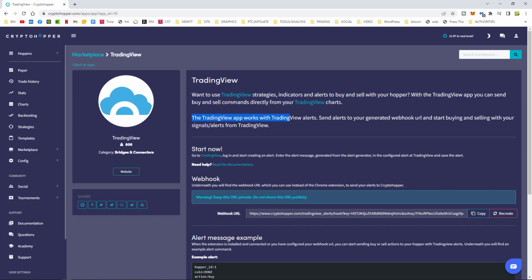The Tradingview app works with Tradingview alerts. Send alerts to your generated webhook URL, which is there, and start buying and selling with your signals and alerts from Tradingview.